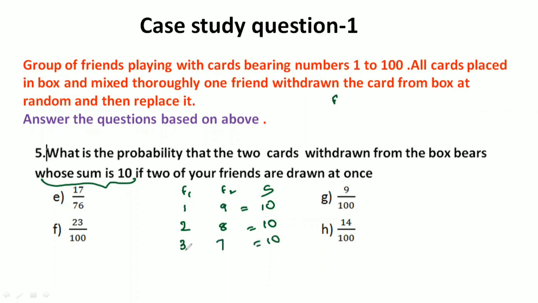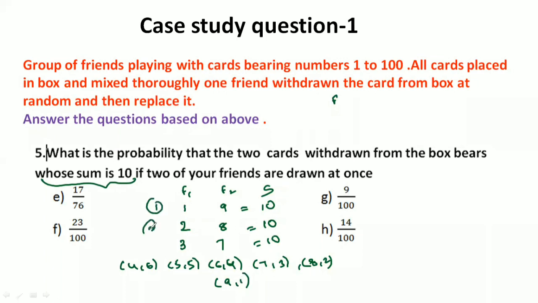So like this: 1 comma 9, 2 comma 8, 3 comma 7, 4 comma 6, 5 comma 5, 6 comma 4, 7 comma 3, 8 comma 2 and 9 comma 1. So these are the possible outcomes, my students: number 1, 2, 3, 4, 5, 6, 7, 8, 9. So number of favorable outcomes is equal to 9.